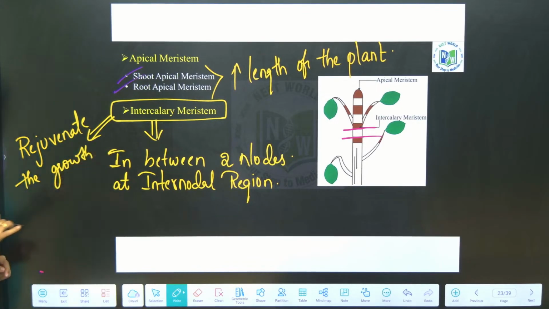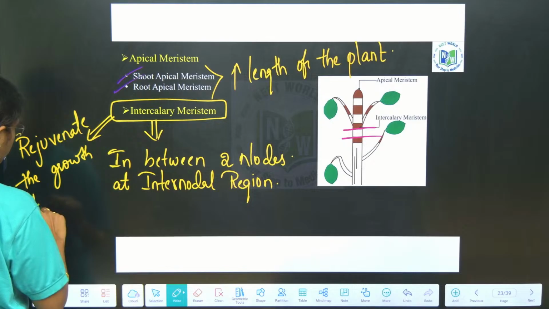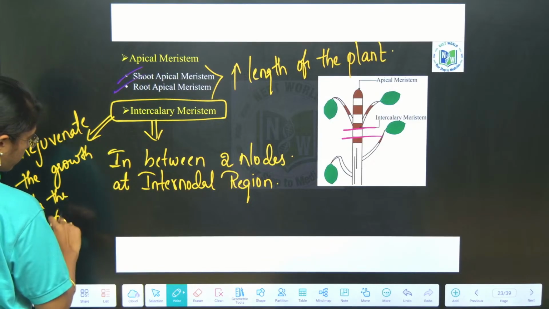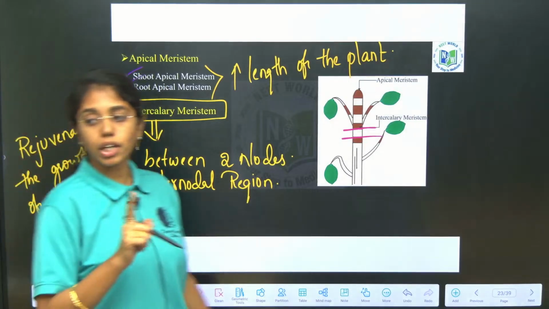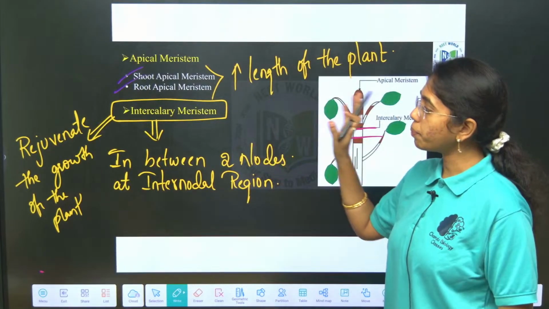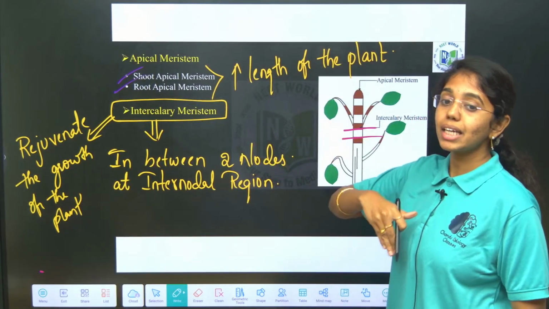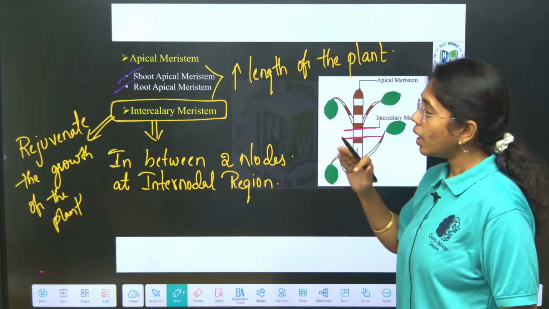Are you taking down or not? An increase in girth of the plant is only observed by the activity of secondary meristems, not primary meristems. Primary meristems are purely involved in what? Increasing the length of the plant, that is, promoting elongation.